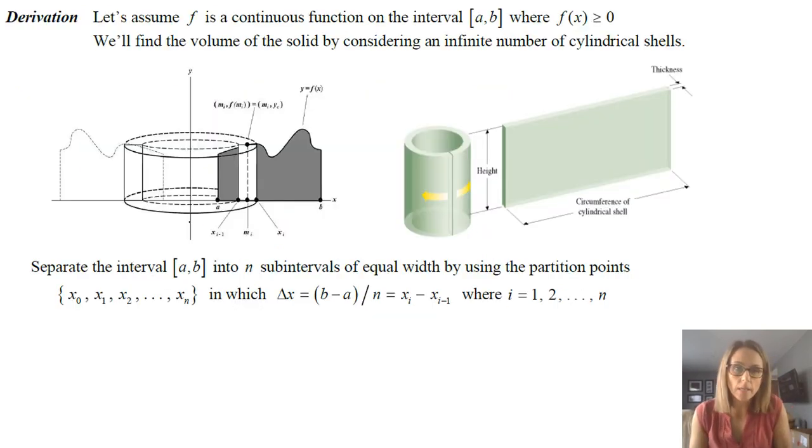So in the first picture that we have here, we have this continuous function, and you can see that it's y equals f of x, and it's just what I just outlined there. And then the difference between that and the x-axis is still the idea of the height of that function at any time.